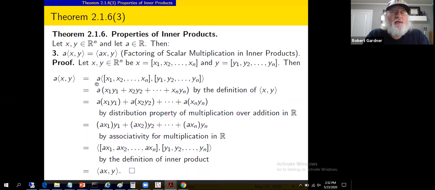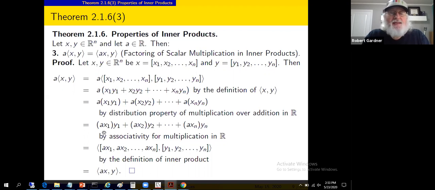Substitute in for x and y those expressions in terms of components. That allows you to compute, by definition, the inner product of x and y. We can distribute this a on each of these. Distribution, right, it's just numbers. a is a number, x1, y1, all these things are just numbers, so we're in the realm of numbers. So we do the distribution.